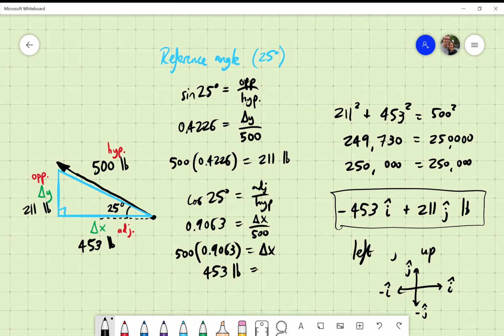So because this vector was pointing leftish and not rightish, because it was pointing upish and not downish, that's why we had the negative here, but the positive here. Those negatives and positives are incredibly important, and I hope that makes sense to you why I picked them. It all comes down to this basic direction right here, which is exactly the same as what X and Y have always been for you. That's why I think that's going to come pretty easily.